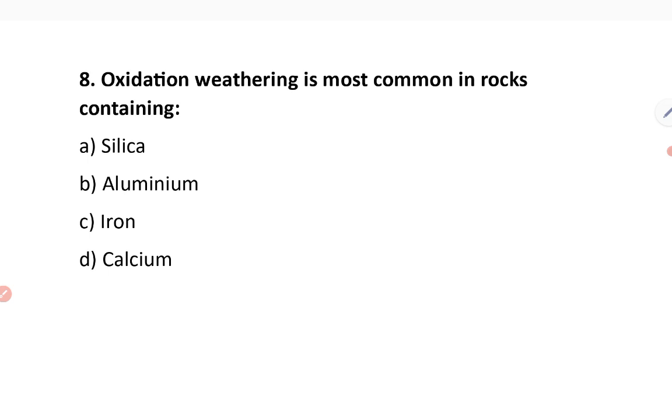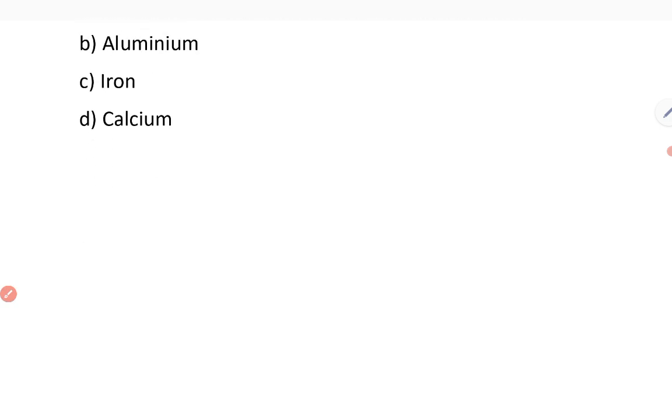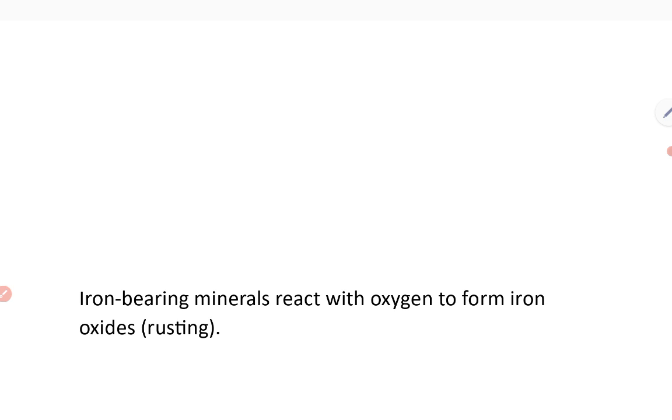Eighth question, oxidation weathering is most commonly found in which rock containing? Oxidation weathering is most common in rock which contains iron. Iron-bearing minerals react with oxygen to form iron oxide, commonly known as rusting.